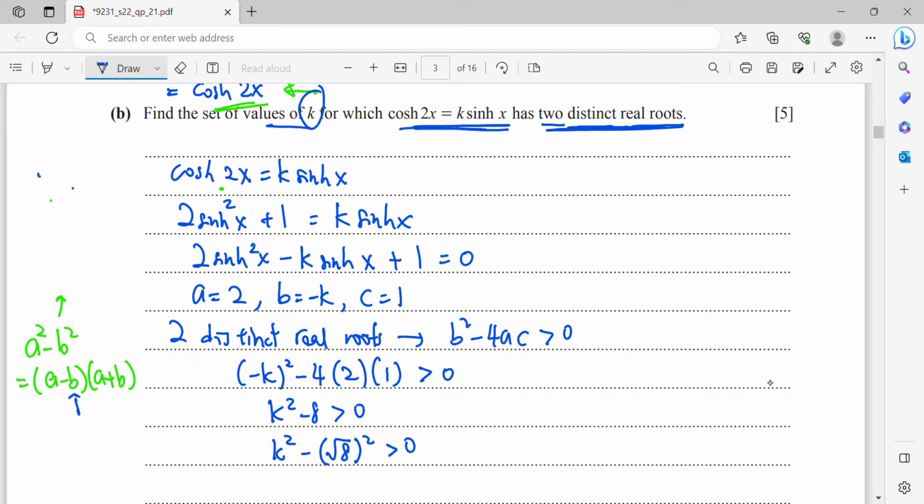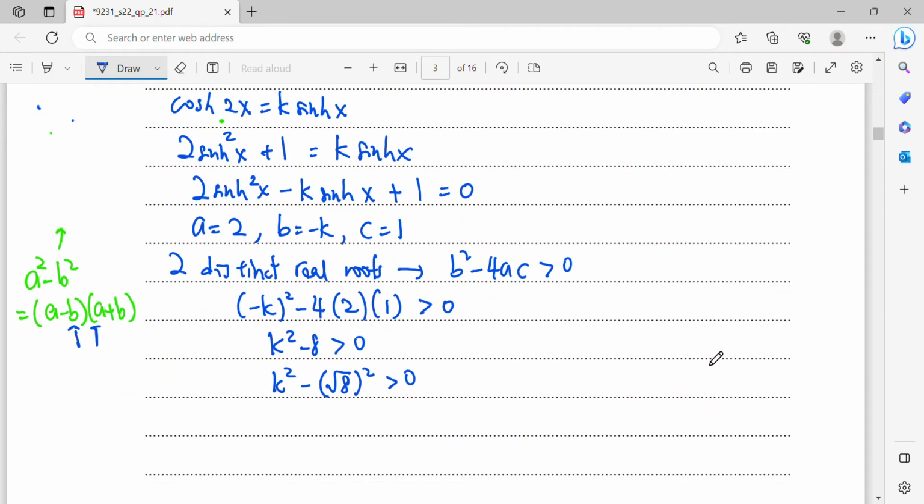And hence I can apply the difference of squares. So I will get two factors, k minus square root 8, right, because my a is k, my b is square root 8, then k plus square root 8 more than 0. Of course the square root 8 you can further simplify to 2 root 2. So now you can write k minus 2 root 2, then k plus 2 root 2 is greater than 0.